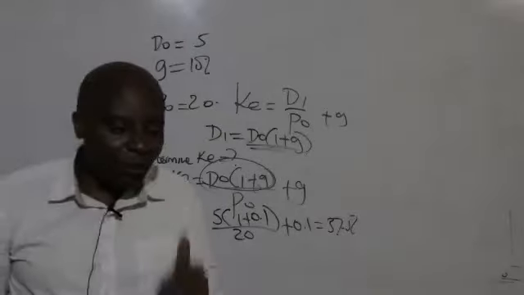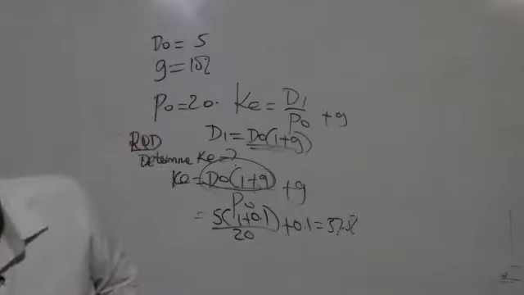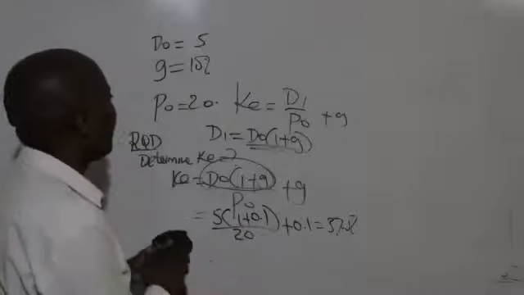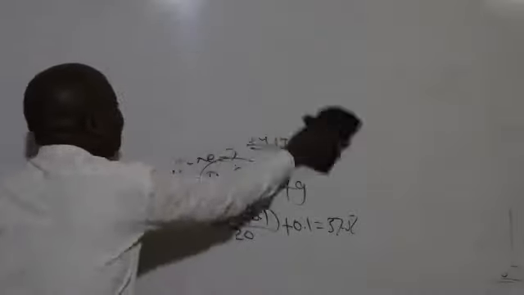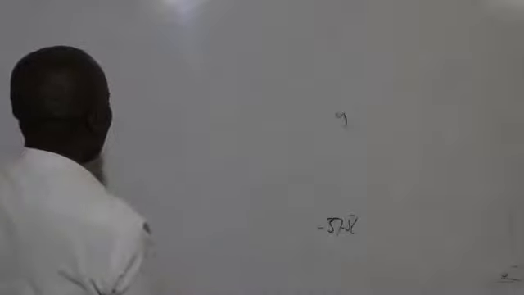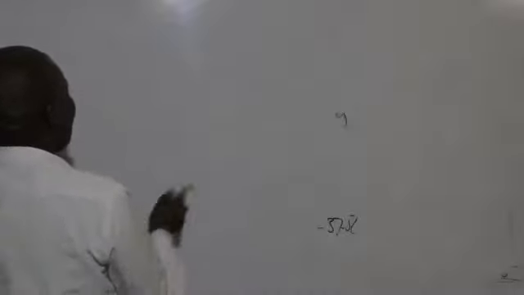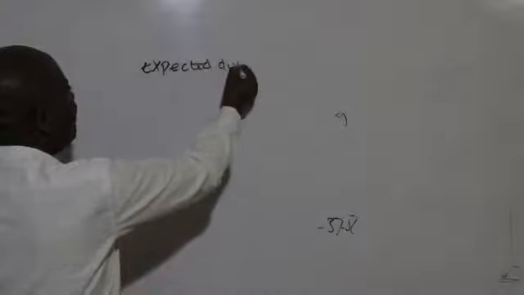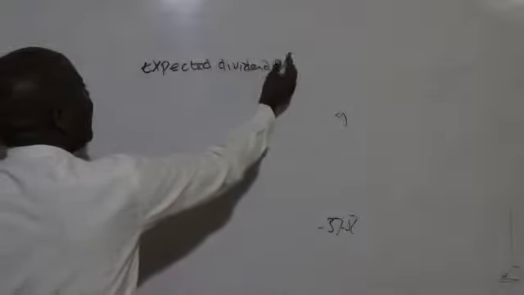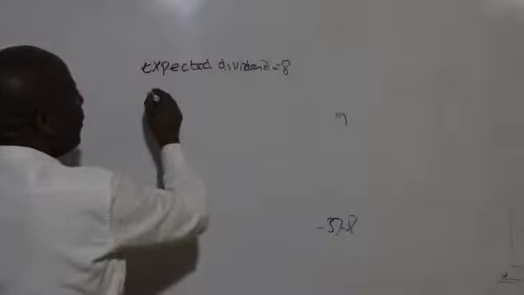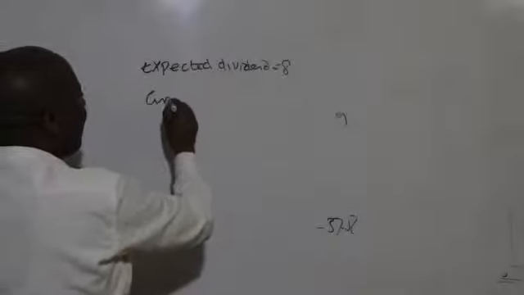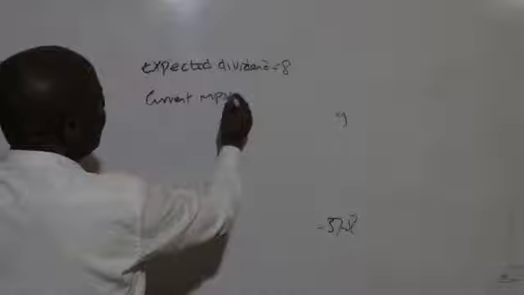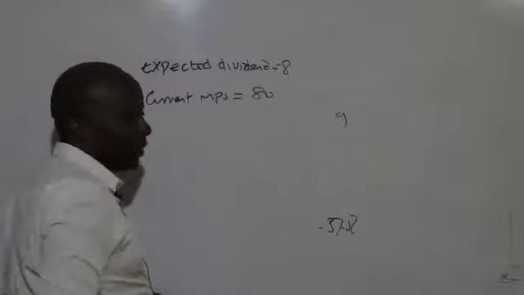So I hope I've been able to tell you, ladies and gentlemen, what to do when you get a question like this in the exam. You get somebody telling you that the expected dividend is 8. Then they will give you the current market price per share is 80.